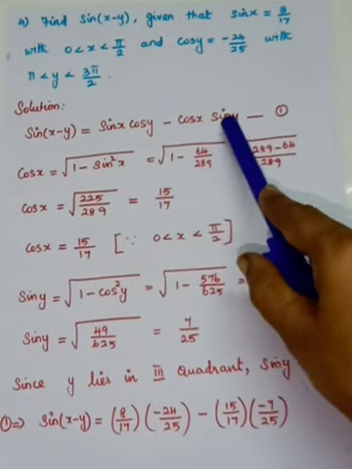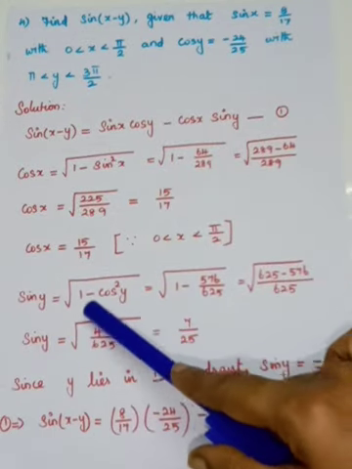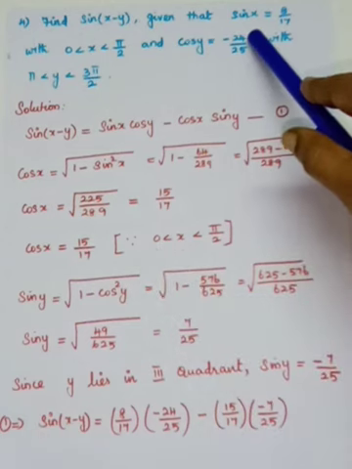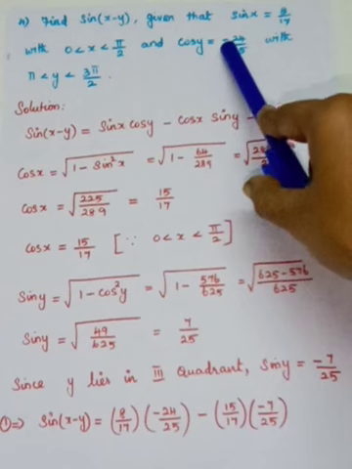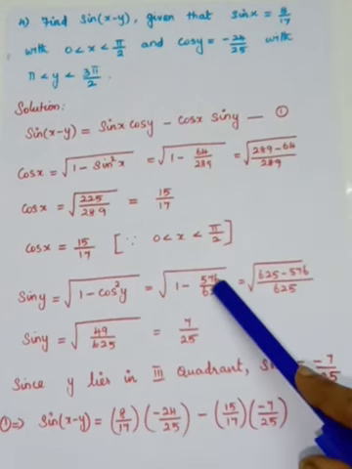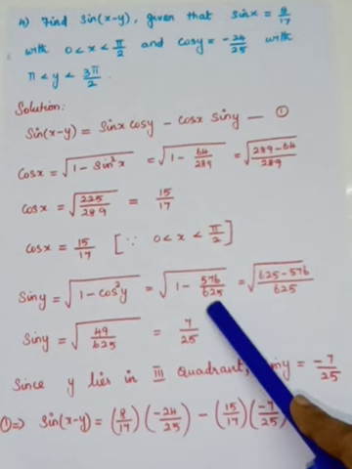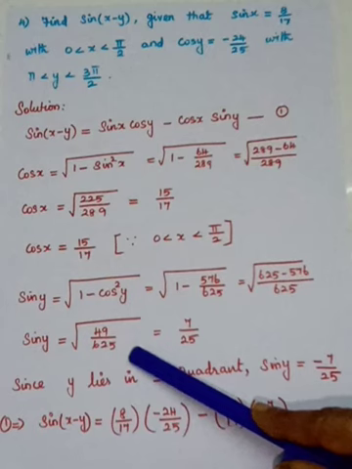So for this identity, you need one more result, that is sin y. Sin y, how to find? It's the square root of 1 minus cos squared y. So what is cos y? Minus 24 by 25. So when you square, this minus will become plus. So it is 24 the whole squared is 576 and 25 the whole squared is 625. If you take LCM, it is the square root of 49 by 625.